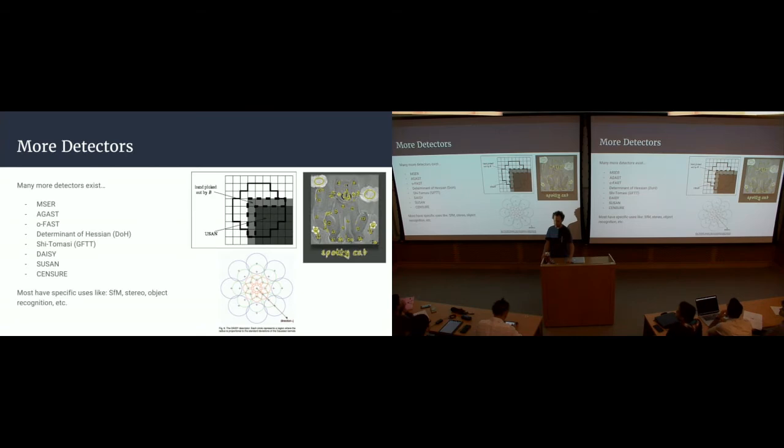Some don't have rotation invariance, but since you're looking at a stereo image, you're not expecting a lot of in-plane rotation. If you're looking at an image from two cameras oriented up, looking at the same scene, you would not expect one image to rotate 90 degrees, right? Because they're both looking at the same thing. So for stereo you don't need rotation invariance, and there are features that cater towards that.